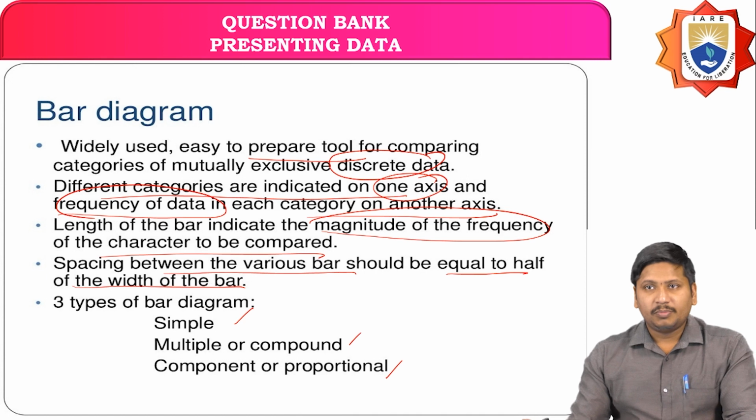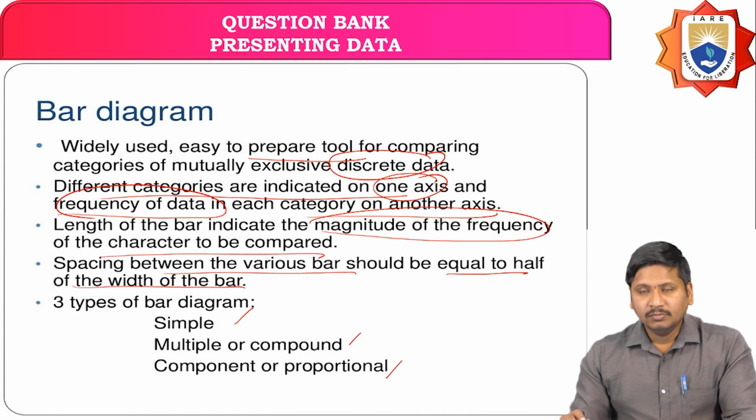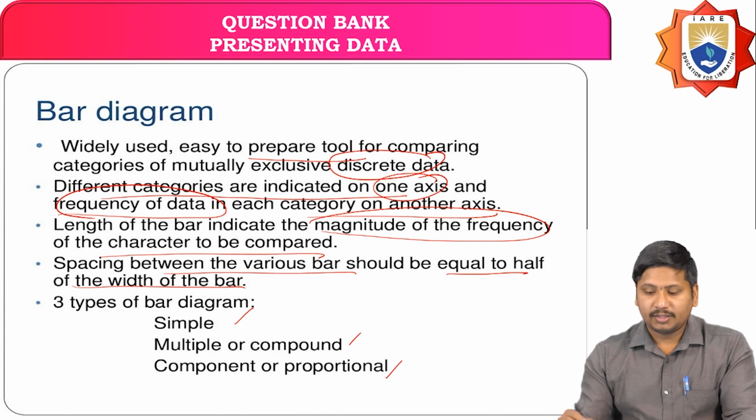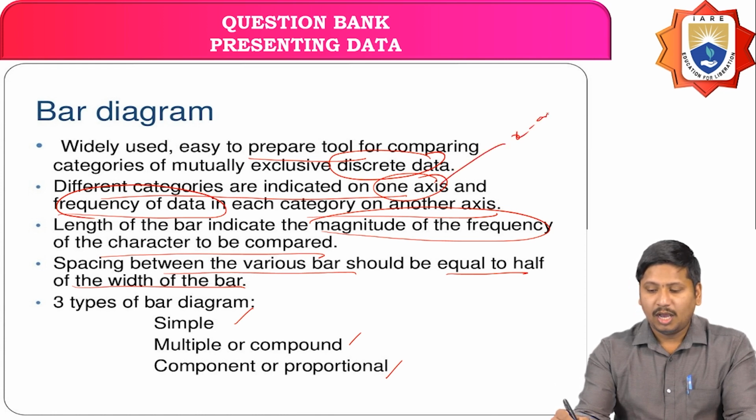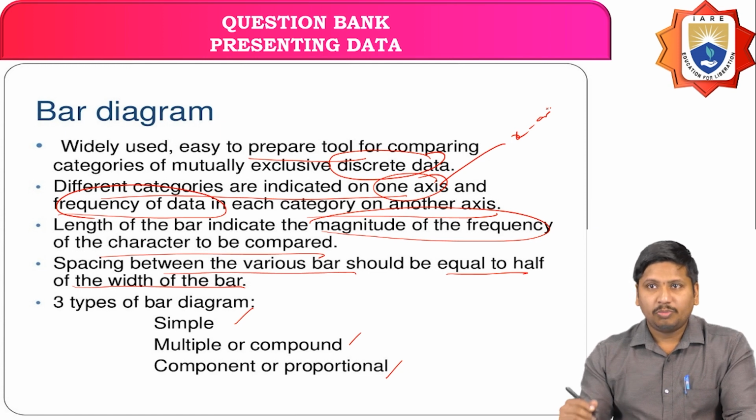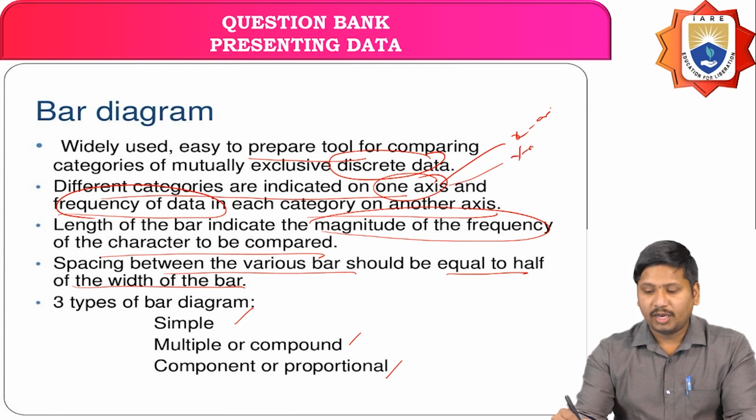This bar diagram is a very easy one, and it is the only tool available for representing discrete data, and the different categories are indicated on the x-axis or whatever it may be, and the frequency of the data is considered on the other axis, which should be the y-axis here.